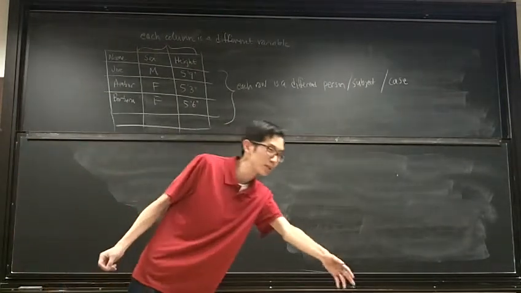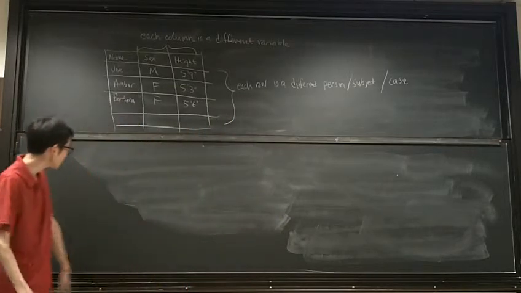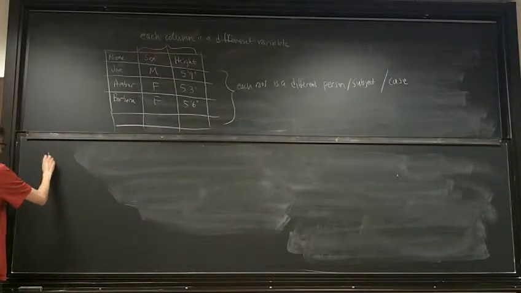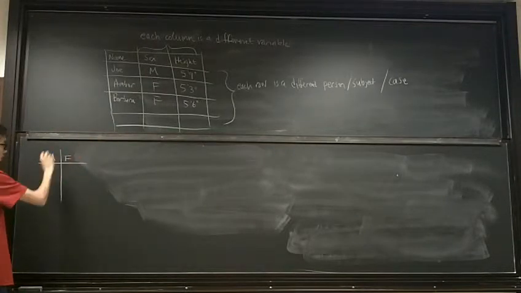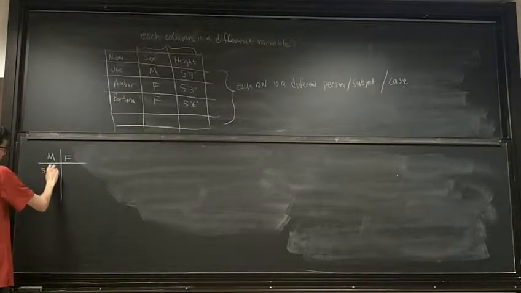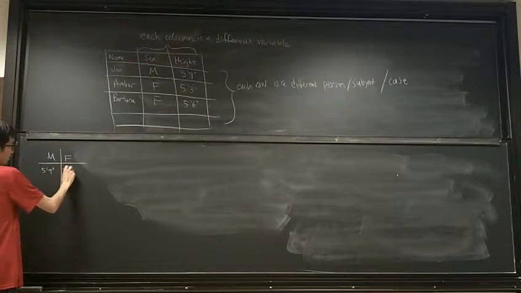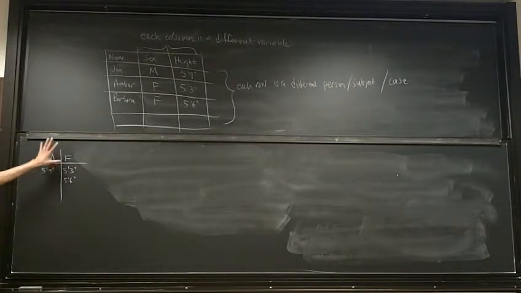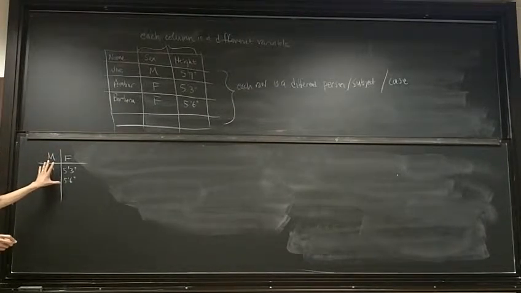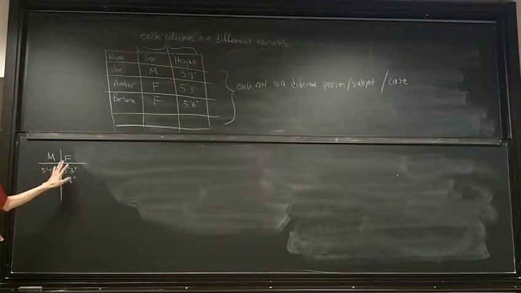And I'm sorry, your name was? Cynthia. Cynthia, okay, so Cynthia made a suggestion, and she said we could make one column for male and one column for female, and then we would list off how tall each person was. And we'd have 5'9", and we'd have 5'3", and 5'6", okay? So this form works, but if I said, now also find out the age of everybody, you're stuck, okay?